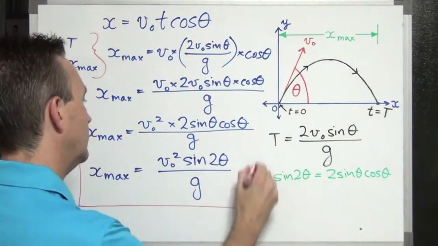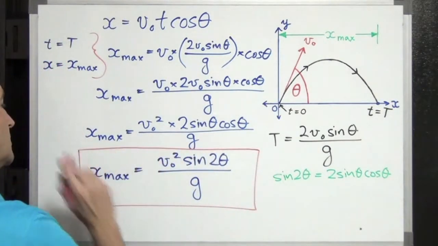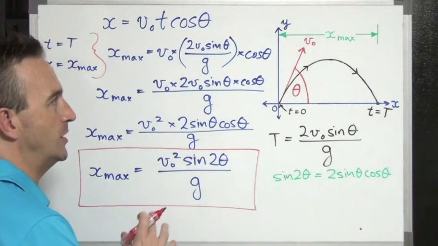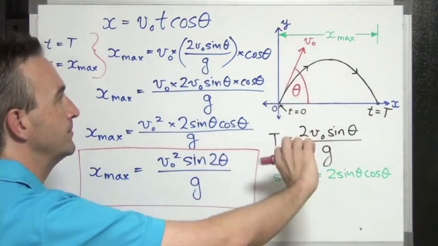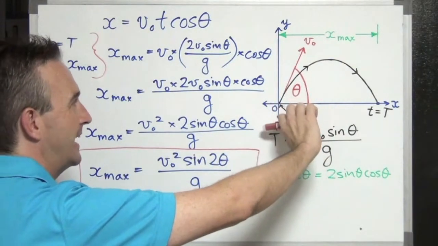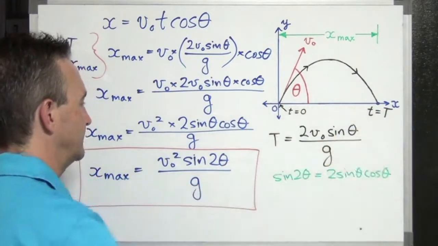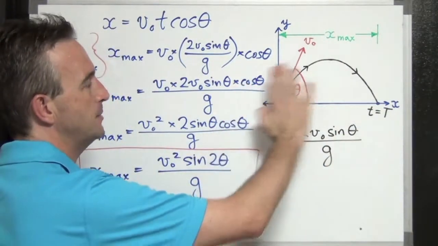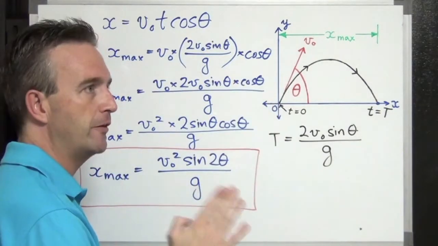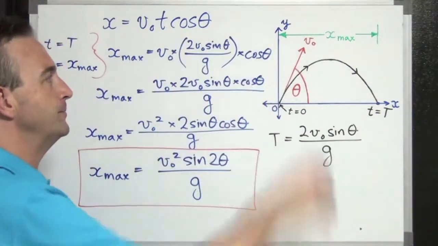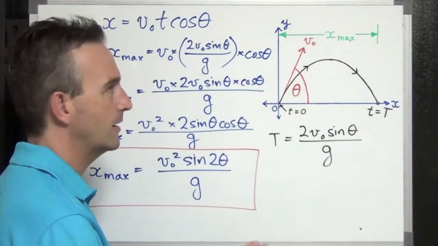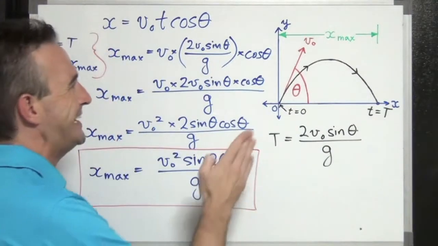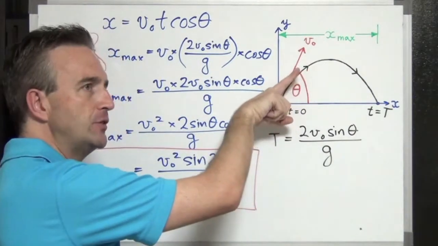That is the formula: the maximum horizontal range attained by a projectile when fired at an initial velocity v0 and an angle of projection of theta. And an interesting result that can be derived from here is to get the maximum horizontal range whenever you're firing a projectile or you're throwing something. The maximum horizontal range is attained when the angle is exactly 45 degrees.